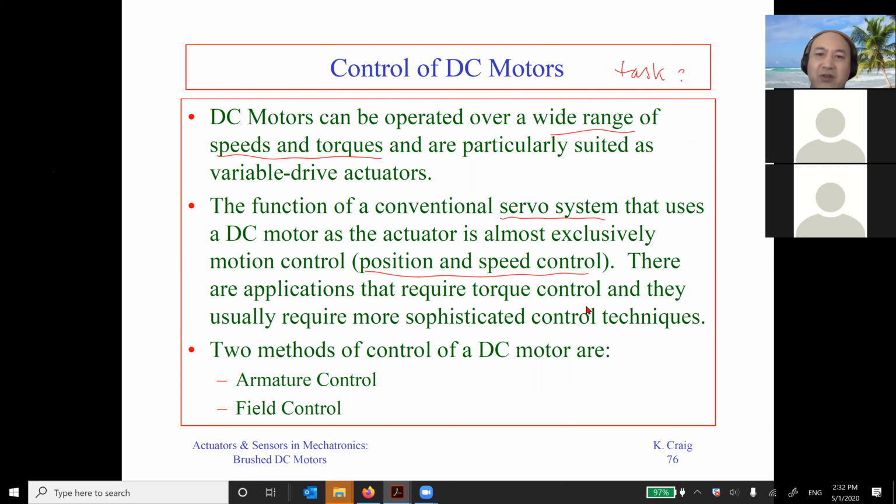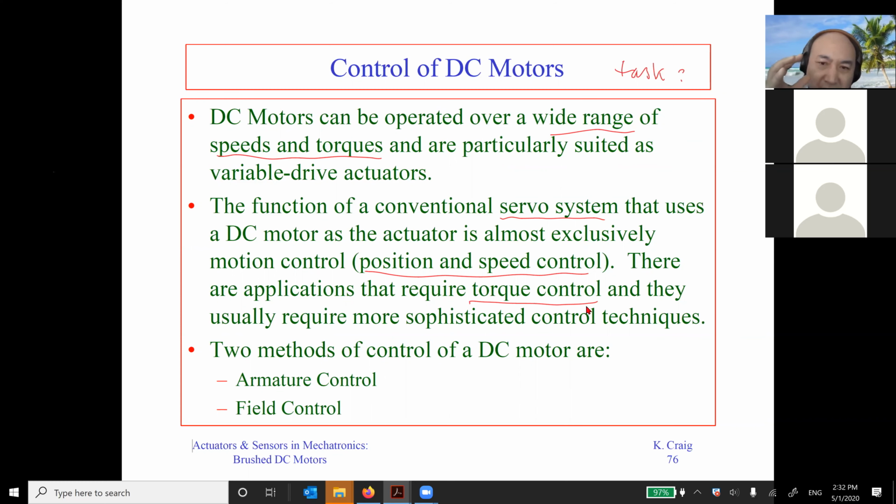But sometimes you also need torque control. You don't want to apply too much torque and damage things, so the torque must be controlled. So these are the three things you can see: position under control, speed under control, or torque under control.